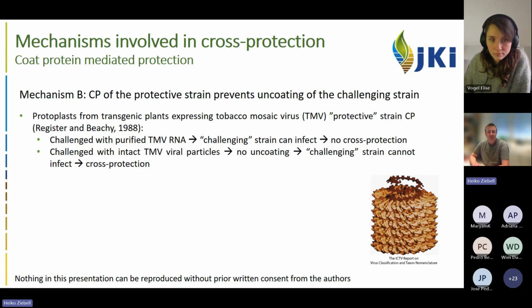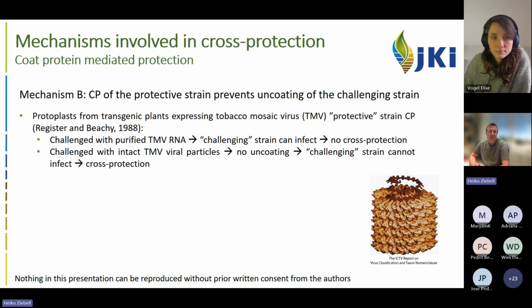It was also shown for tobacco mosaic virus that the coat protein of a protective strain could prevent protoplasts from infection with a challenging TMV strain. But this only worked when the challenge occurred with viral particles, and the protective strain prevented the uncoating of the TMV viral RNA, and therefore the challenging strain could not infect the protoplasts.